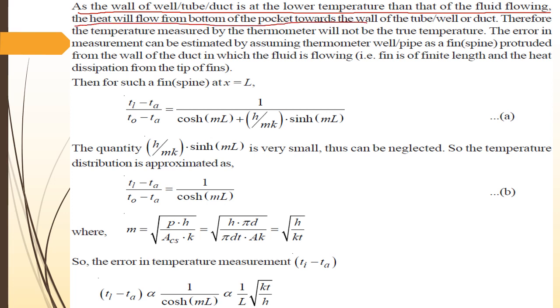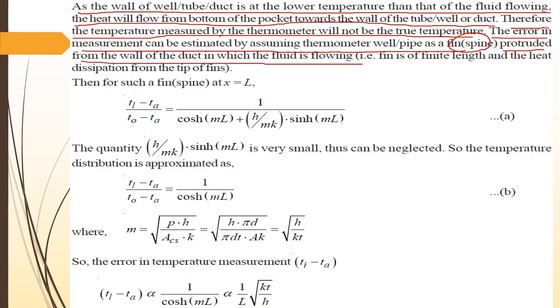Because of that, the temperature indicated by the thermometer definitely differs from the actual temperature, and therefore the temperature measured by the thermometer will not be the true temperature. So this error in the measurement can be estimated by assuming the thermometer well as a fin or spine or extended surface that is protruded from the wall of the duct in which the fluid is flowing.